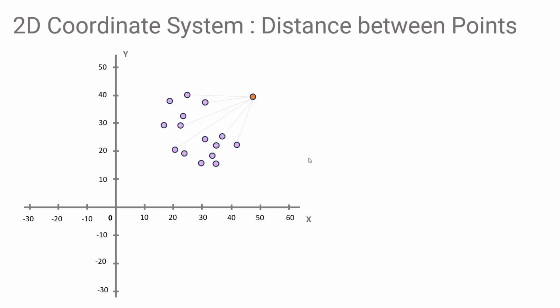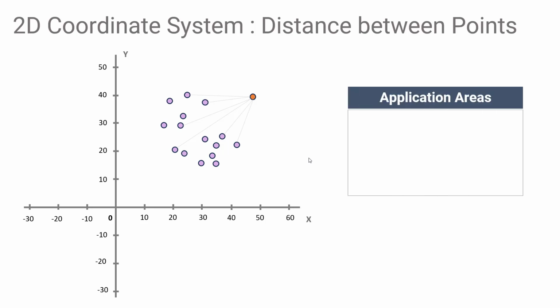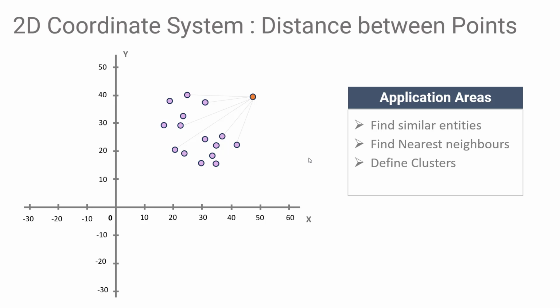Other than this basic example, I can show you other application areas where knowledge of distance computation really comes in handy. What you see on the screen currently are examples of different kinds of machine learning algorithms or application areas where computing distance really comes in handy, whether it is finding similar entities or users with similar behaviors.